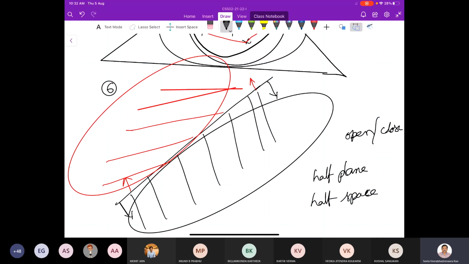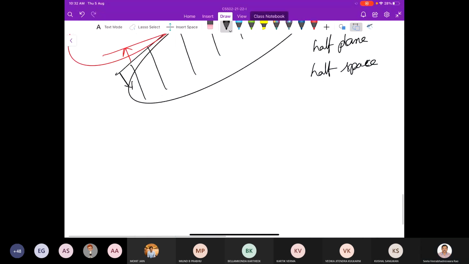So how can we use this definition to define a convex hull? The convex hull of a set of points is nothing but the intersection of all the half planes which enclose this set of points.